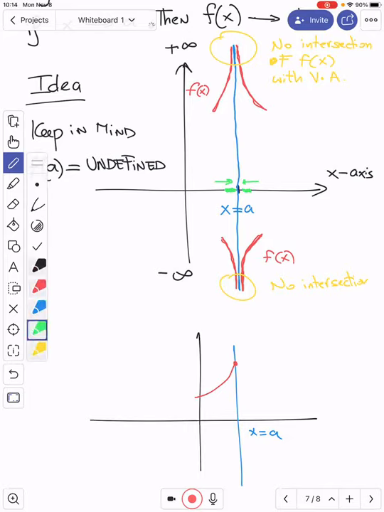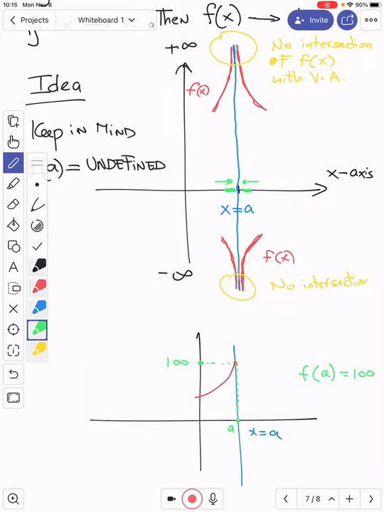So f of a would be some number. It's well defined. Let's say, for example, 100 here. Then f of a would be 100. So if you touch this vertical asymptote, then f of a would be well defined.